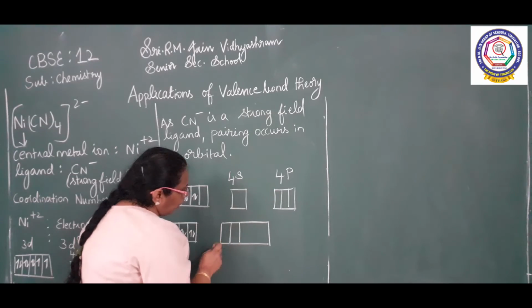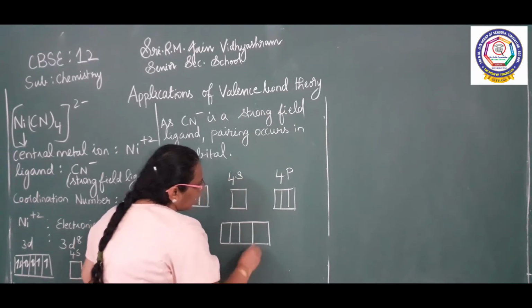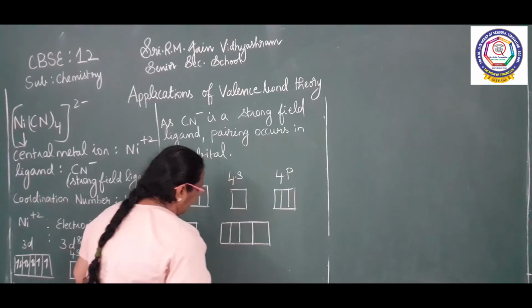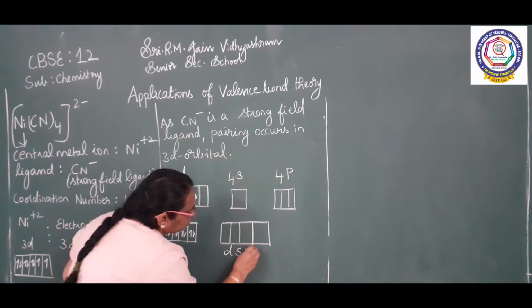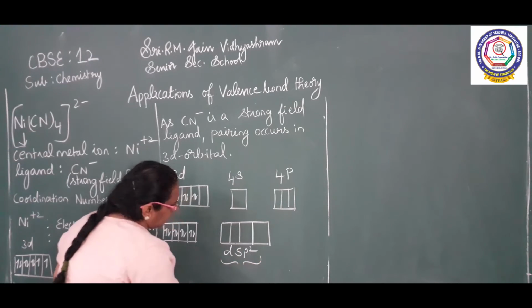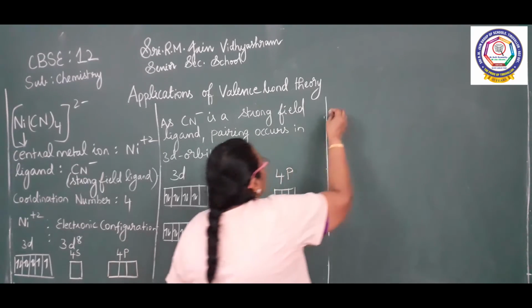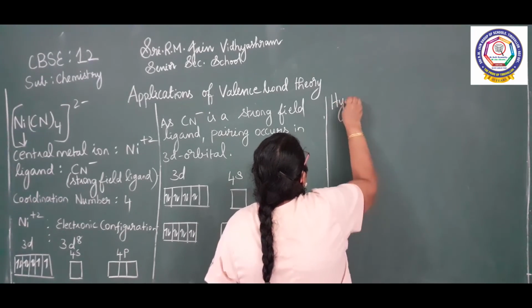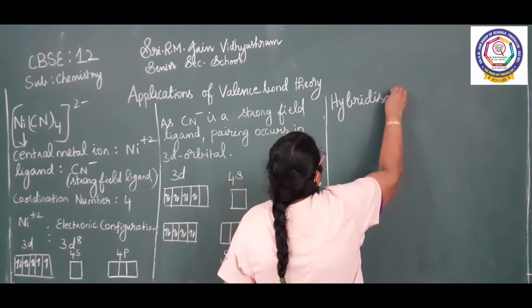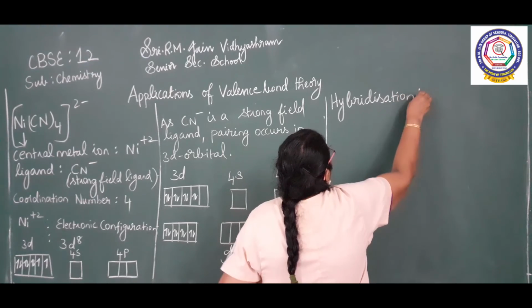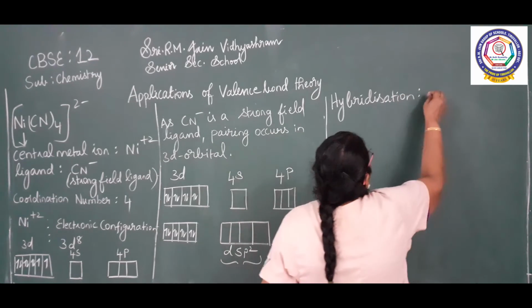Out of 4, I have written 2. 2 more orbitals I can take from 4p. So what is the configuration? dsp2. So the hybridization here is dsp2.